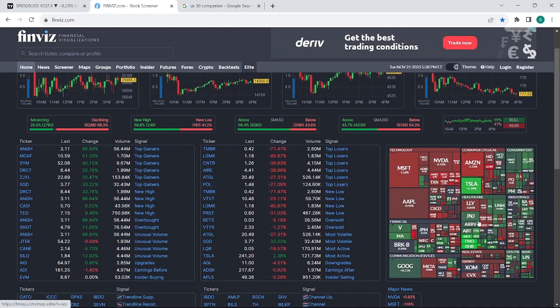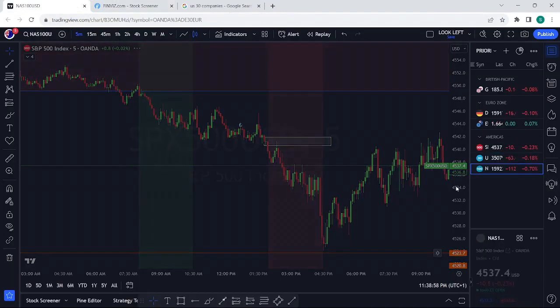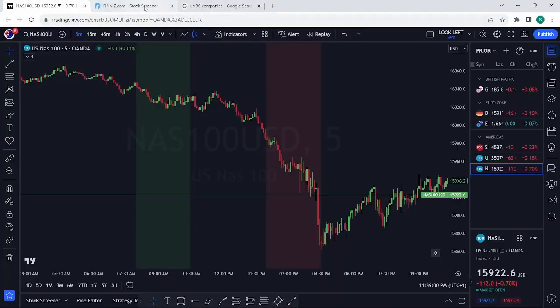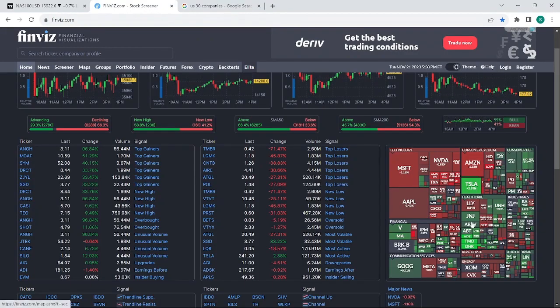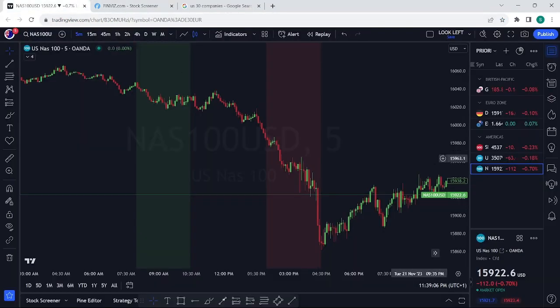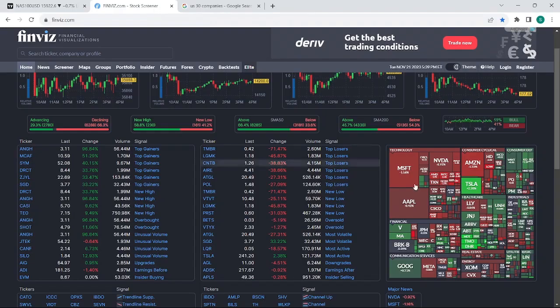And on NASDAQ, the 100 companies are listed here. So all the companies on SPX, US30, and NASDAQ are all listed here.